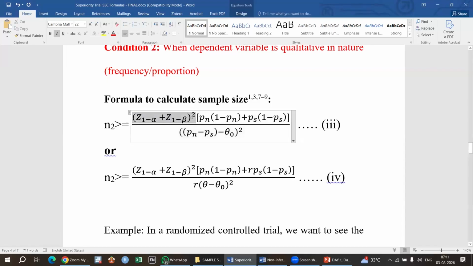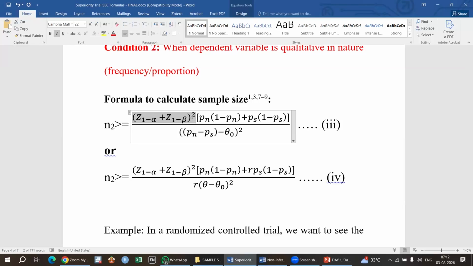Very good. But it is 6.185, because we got 12.87 when we multiplied by 2, since in mean difference there is a 2 also. But here 2 is not there. So very good, Dilpreet Kaur. Z1 minus alpha plus Z1 minus beta squared is 6.185. Got it? Surbhi Bhargava?